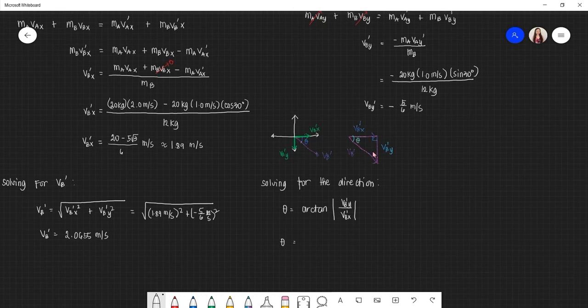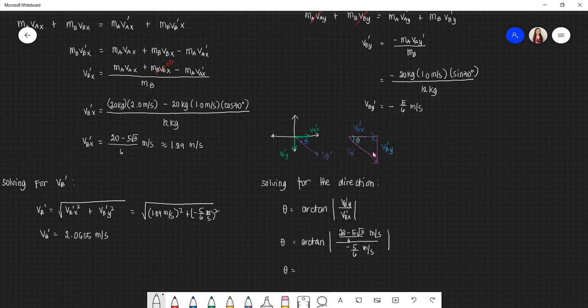So theta is arctangent of (20 minus 5 square root of 3) over 6 meters per second, divided by negative 5 over 6 meters per second.